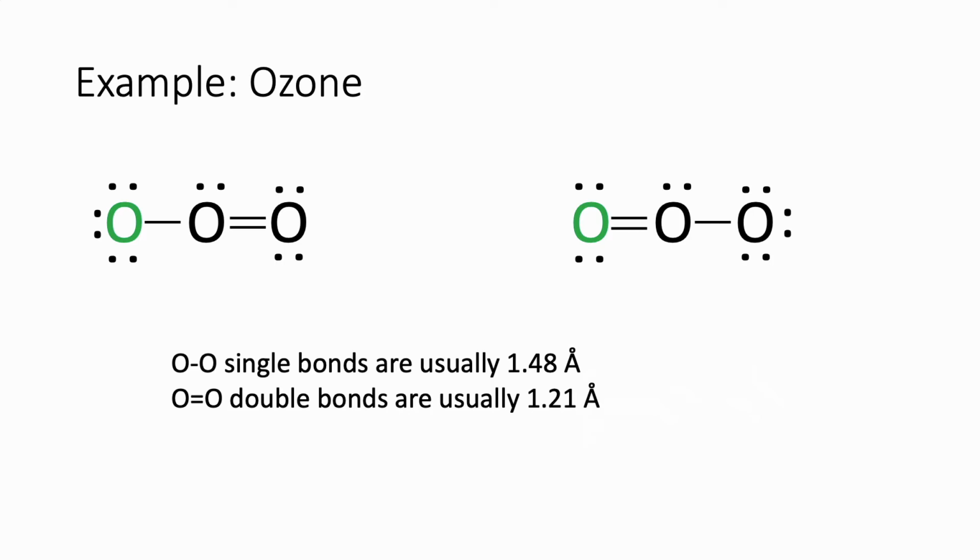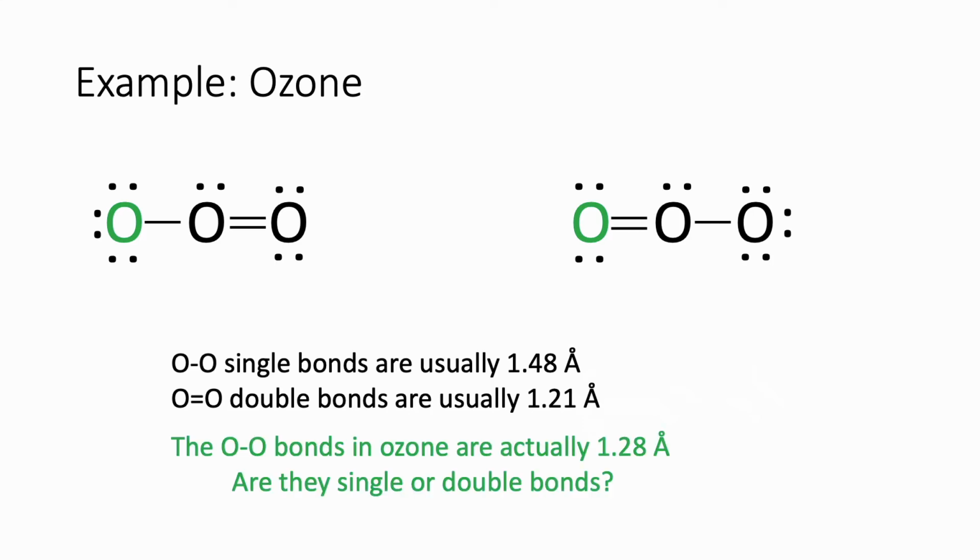An oxygen-oxygen double bond is 1.21 angstroms, so that's about 14% shorter. So is this what we see in ozone molecules? Well, no, we actually see oxygen-oxygen bonds that are 1.28 angstroms, and both of the bonds of the molecule are 1.28 angstroms.